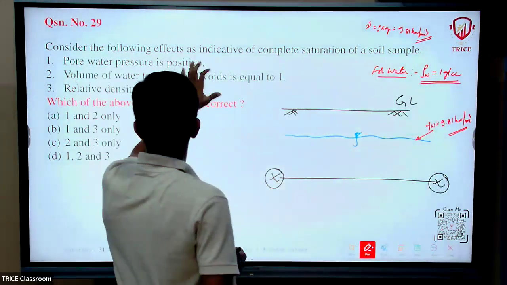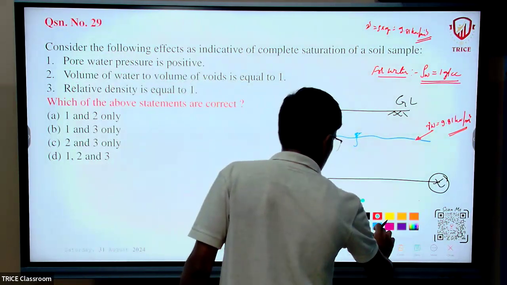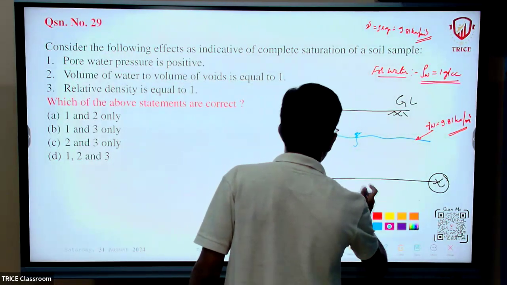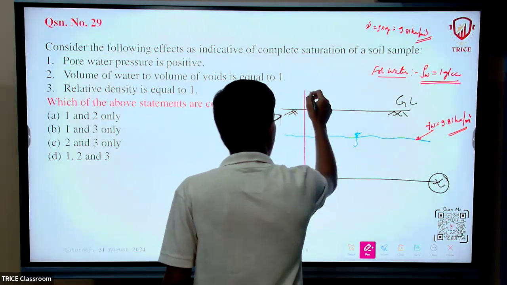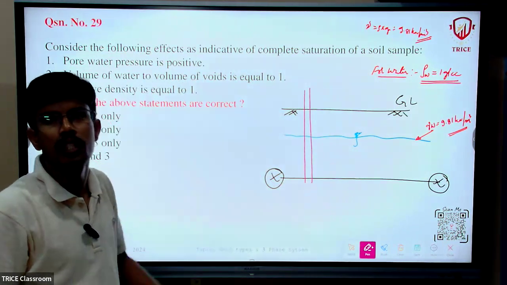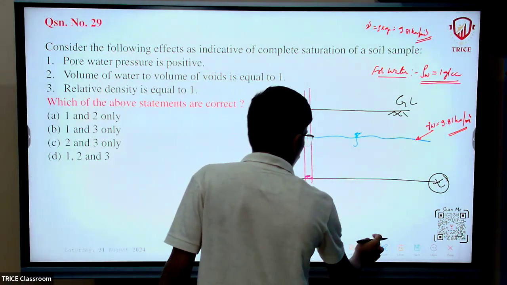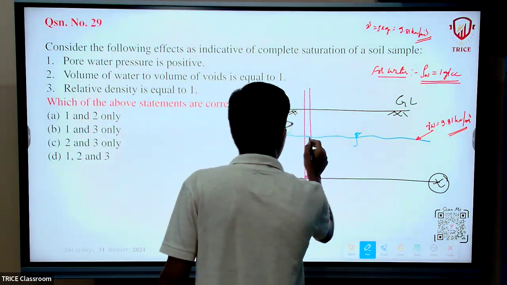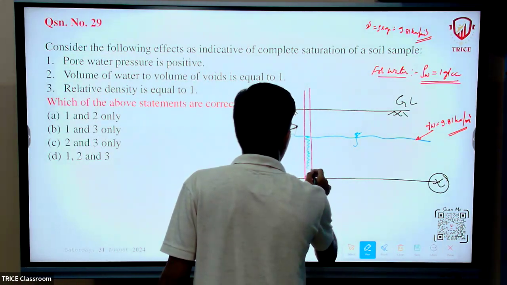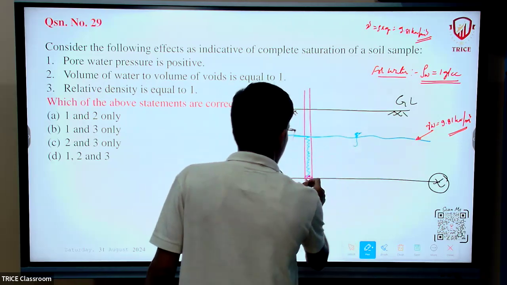So the first term, the pore water pressure, is positive. If you insert any standpipe, piezometer or tensiometer like that, due to the voids we have, the water will rise up to a certain elevation, the static water level, right?